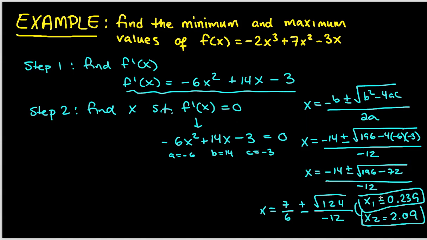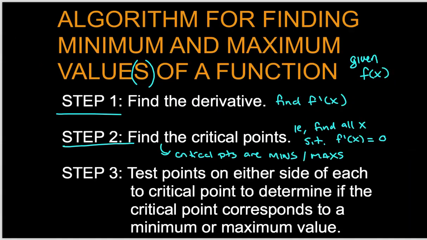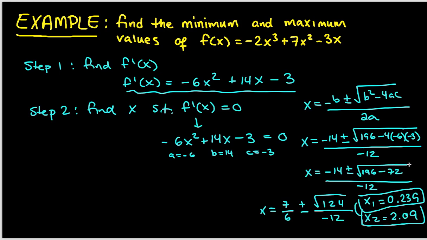So how do we find out if it is a min or a max? We need to determine whether the critical points x1 and x2 correspond to a min or a max. This is how we do that.